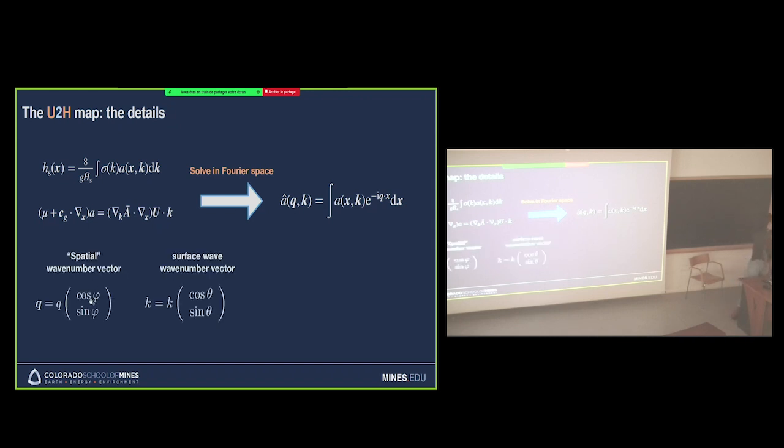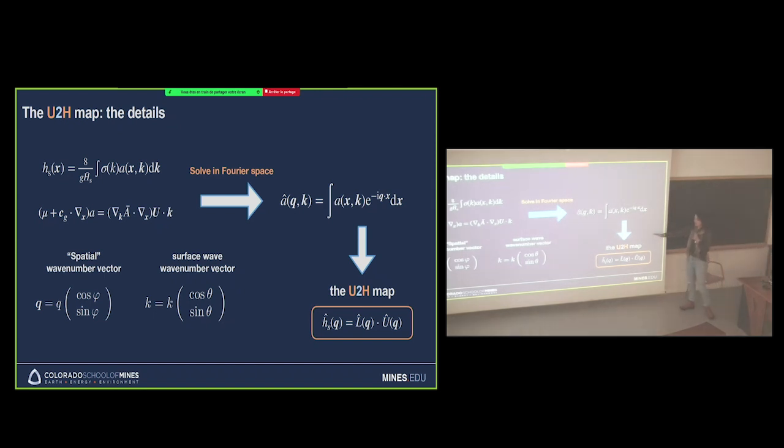And so we have these two wave number vectors, where one is the wave number vector, and the other one is the spatial wave number vector. All right, and so if we solve this, it gives us this solution, which is the U2H map. So the Fourier transform of our HS perturbation is related to the Fourier transform of our currents through this linear operator that is essentially a transfer function.